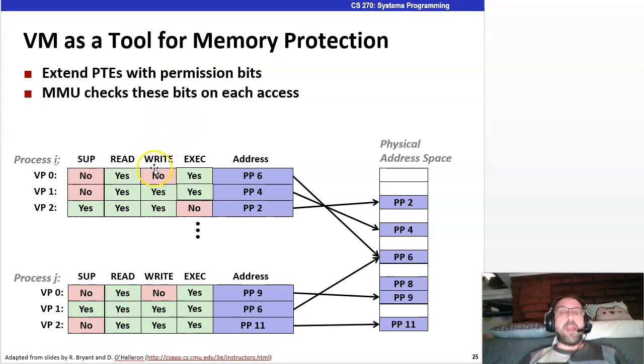The write bit, as you might expect, controls whether the process is allowed to write into that region of virtual memory, into that page. If the write bit is no or false, then when the process does attempt to write to that page, we'll have a page fault, and the operating system can handle that most likely by terminating the process, a segmentation fault.